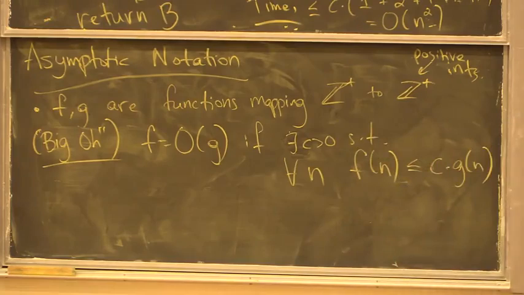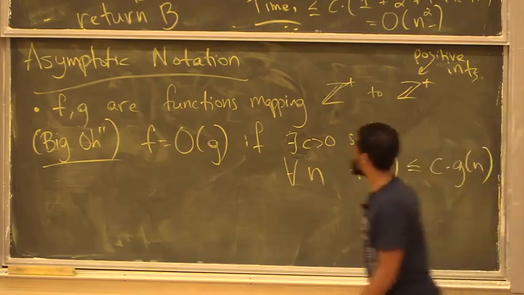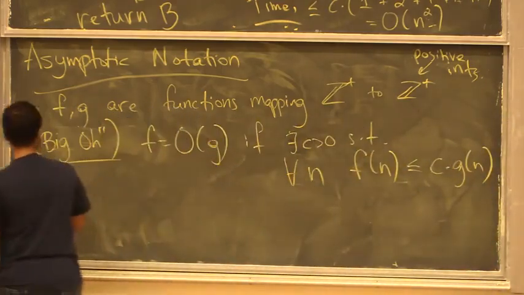So you can think of big O as a less than or equal to. F does not grow faster than g, up to some constant c.